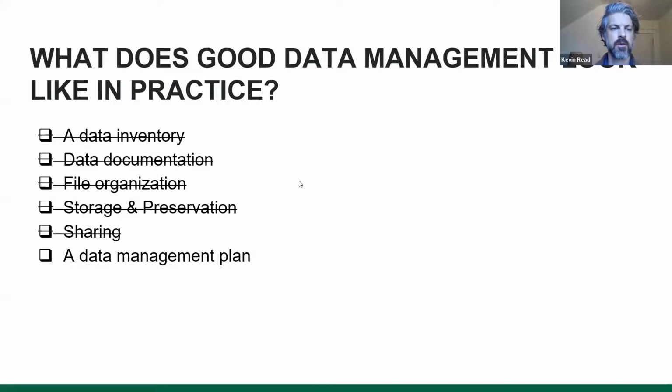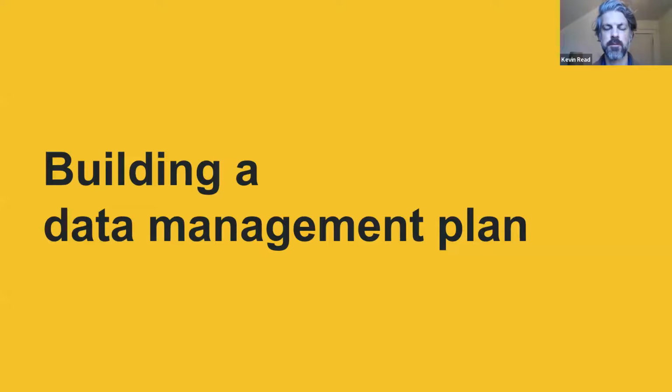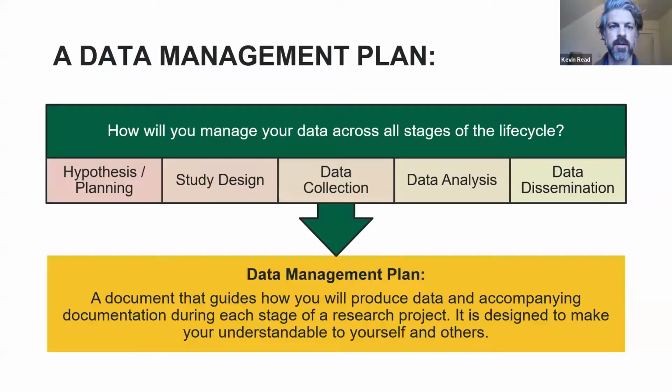Okay, so all of these things is to say and to culminate in a data management plan itself. So this is where it comes to actually building that plan. For those of you who are a part of this program, this is really what you're going to be focusing on doing over the course of the summer as you work through with us to do this. And so a data management plan is really there to describe, as we've already discussed, how you're going to manage your data across all stages of the life cycle, from the hypothesis stage down to data dissemination.